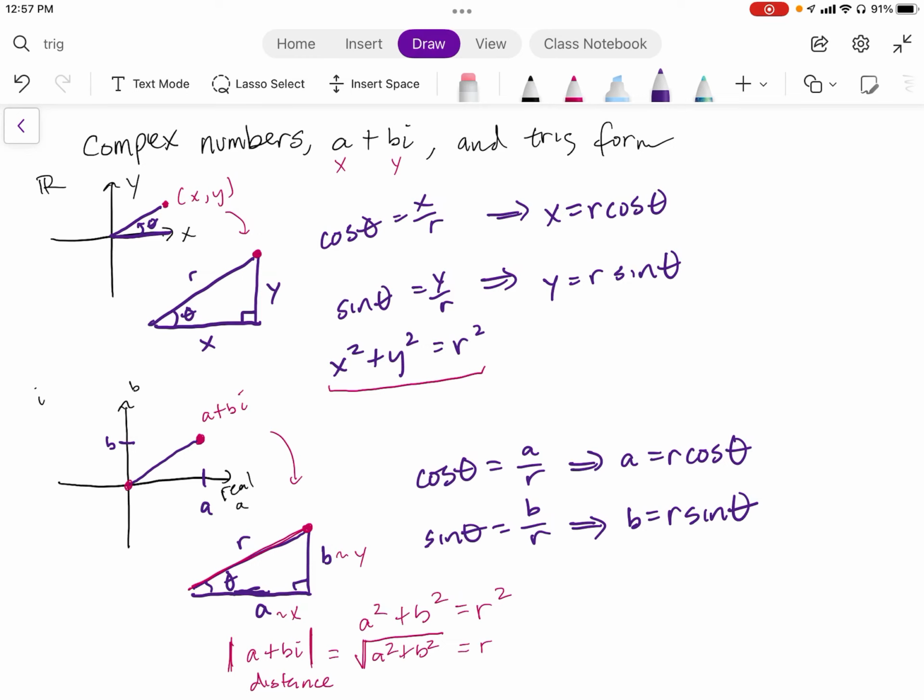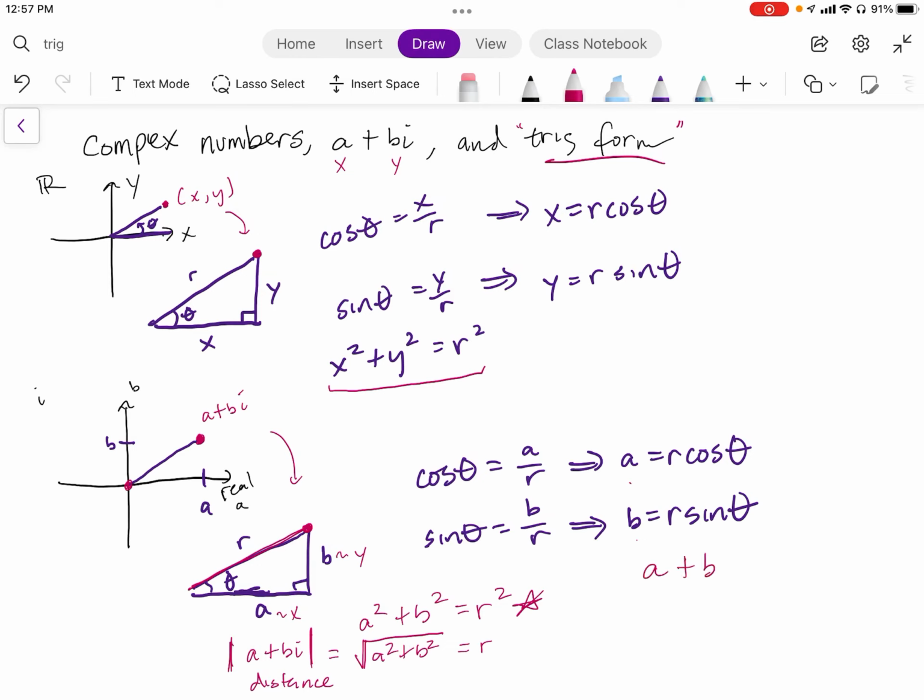And like, what does that lead us to? Well, we already had made this connection of R and A and B. But if I wanted A plus BI, if I wanted that complex form in trig form, again, which we'll use for polar form, well then I can use both of these that I just derived, right?